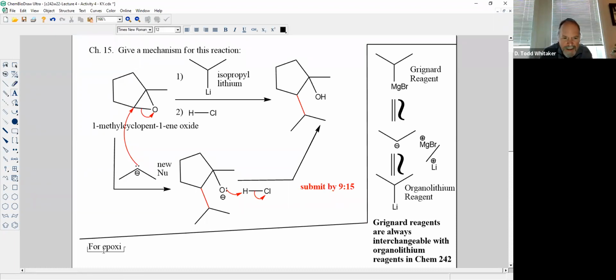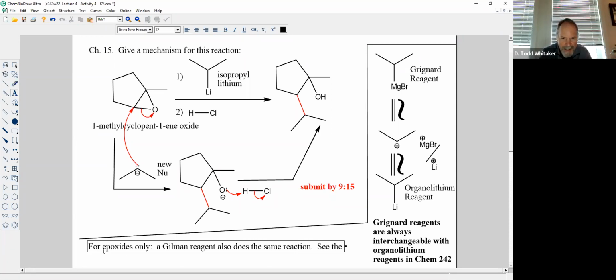For epoxides only, a Gilman reagent, which you don't know what that is yet, also does the same reaction. And here's, I got an idea.